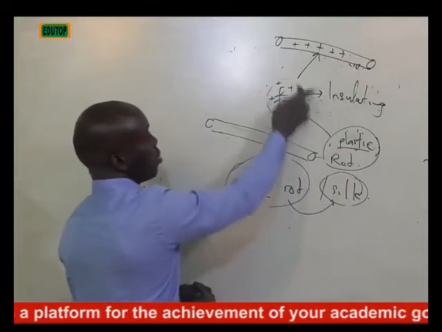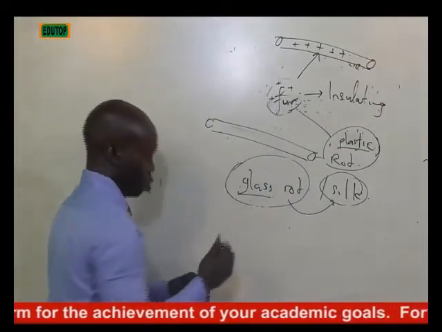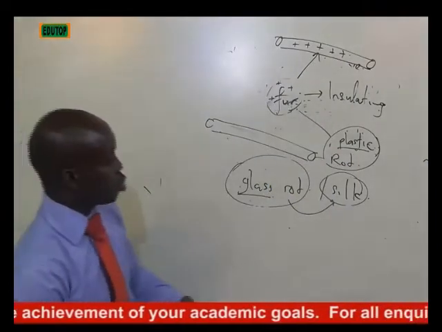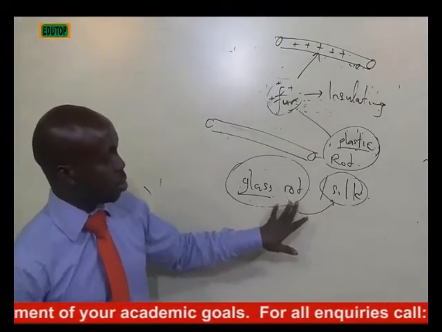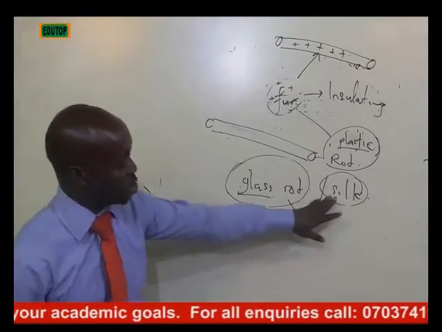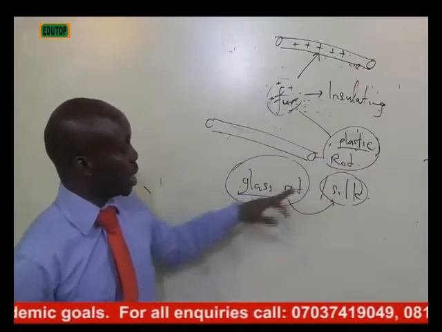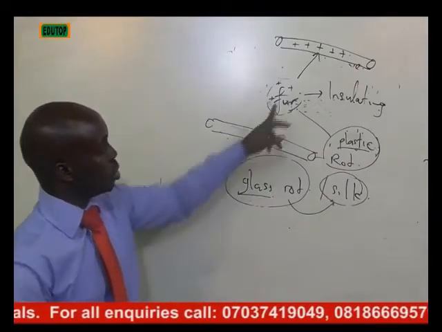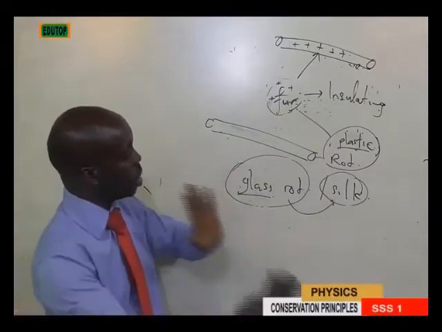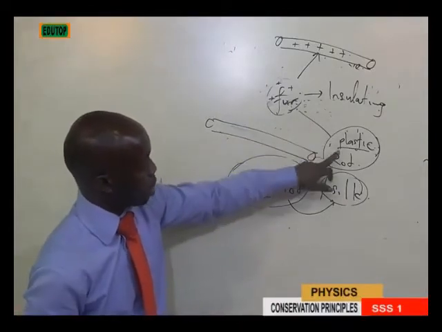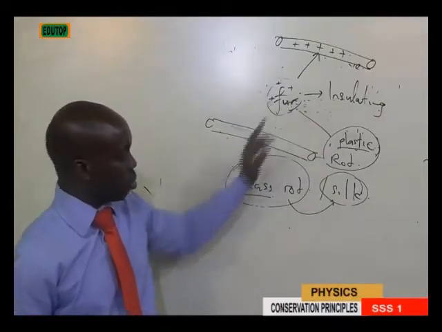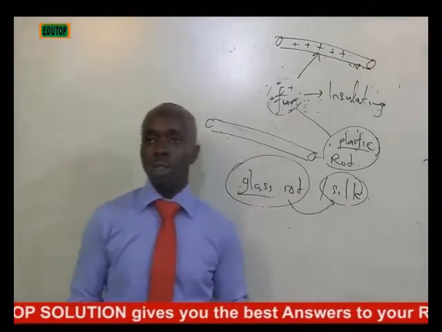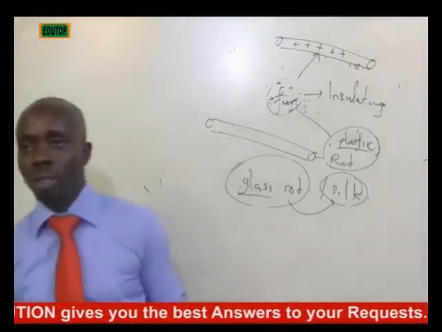Meaning that the charges in your fur have been transferred to your plastic rod. So also, that same experience is being discovered here. Movement of charges or objects being charged is due to bringing closer of two or more objects. That is a plastic rod with your fur, then your glass rod with your silk. So let's proceed as we move further.